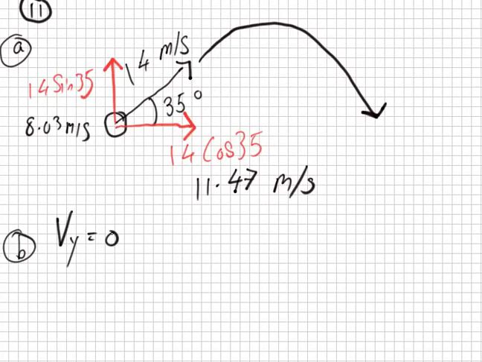That's the key thing. Alright, what formula do we have for V? V is U plus AT. And remember, we're only talking about vertical.